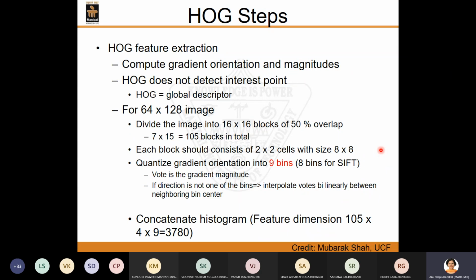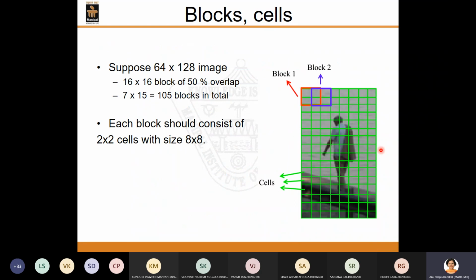And here we take the orientation information in order to compute the histogram. Now it is a global descriptor. So we look at different patches, and depending upon the image patches, we compute the gradient and then take the histogram of that. Now I'll describe this in detail.